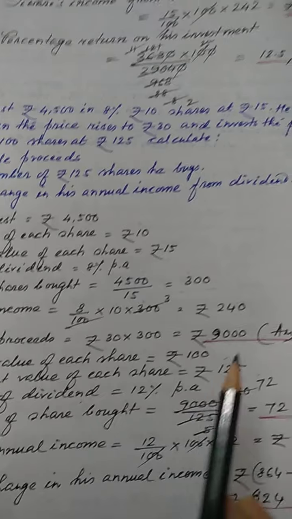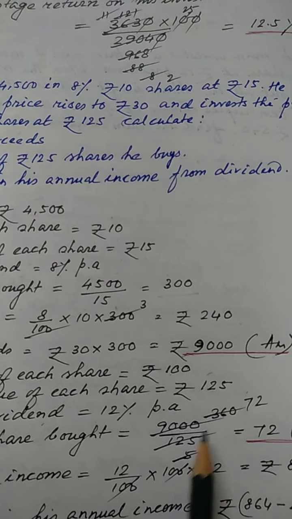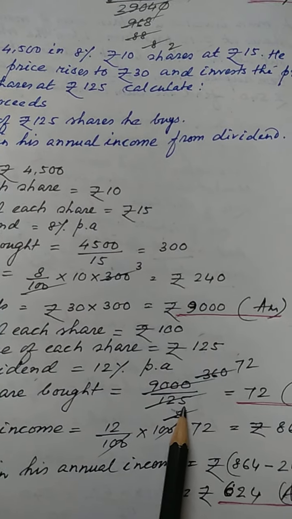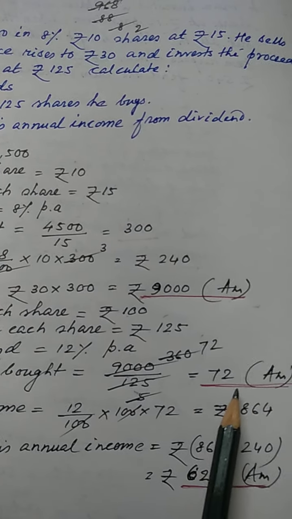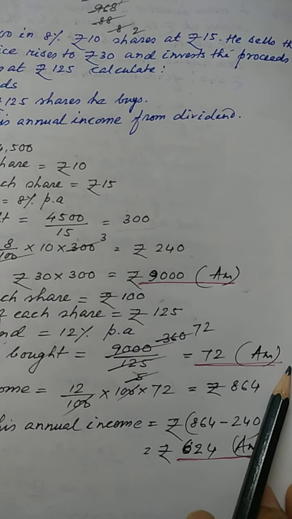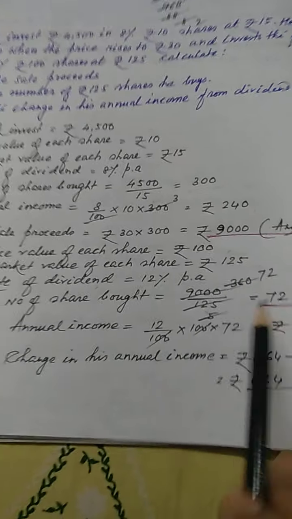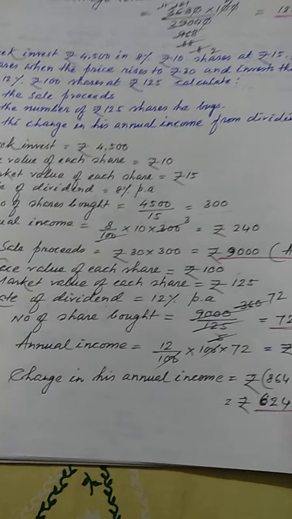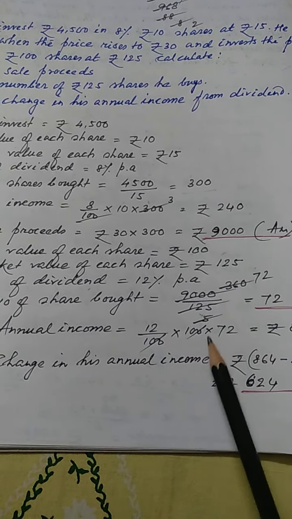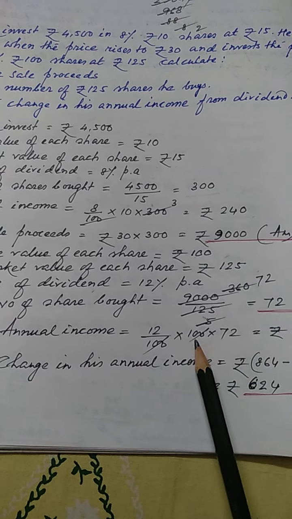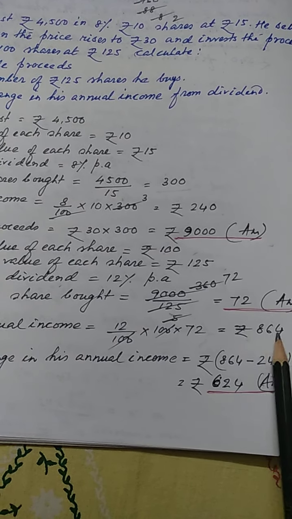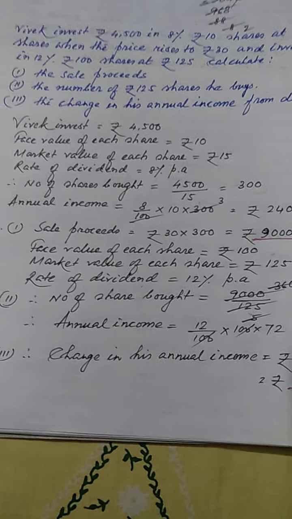So number of shares bought is 9,000 divided by the market value of each new share, and it's coming 72. Annual income equals 12% of 100 rupees, which is the face value of each new share, into number of shares 72. So it's coming rupees 864.